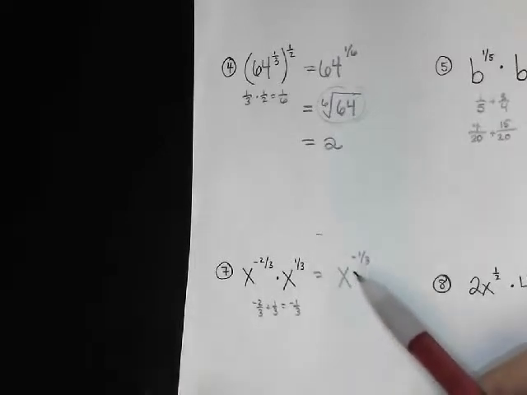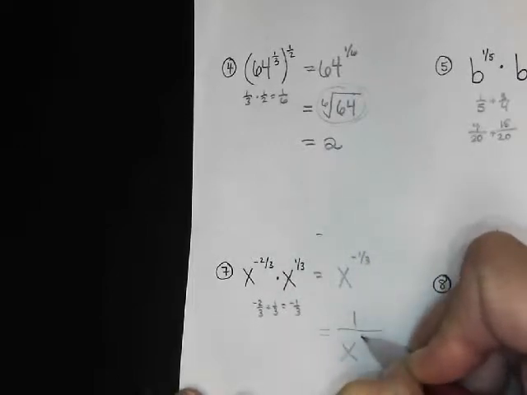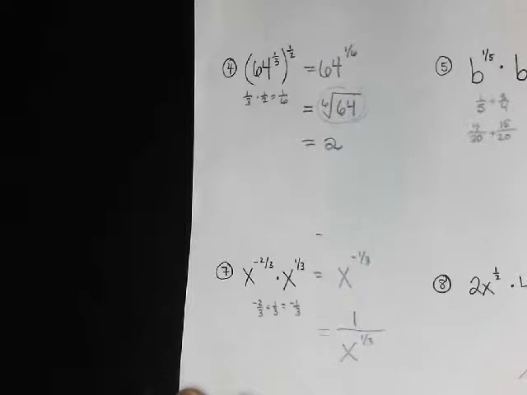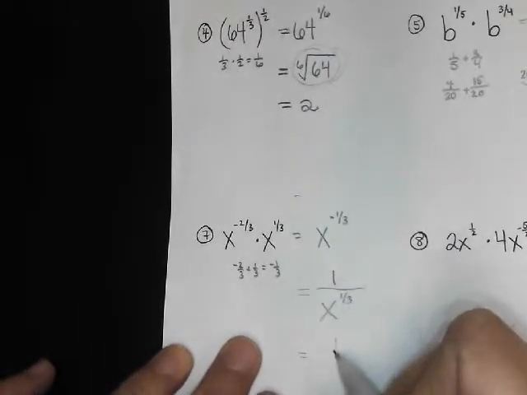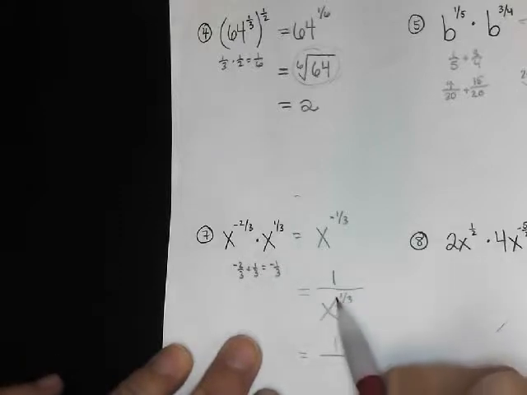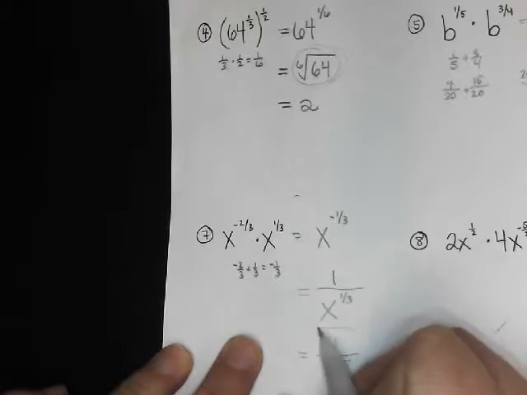Now this is currently in a numerator technically, so I would have to move it to the denominator to be a positive exponent. And now I can go back to radical form. So 1 over, and x to the 1/3 power is the same as the cubed root of x.